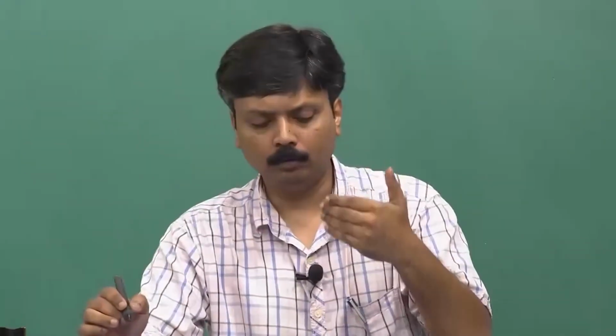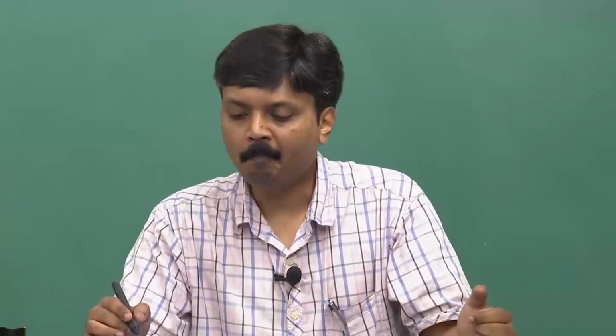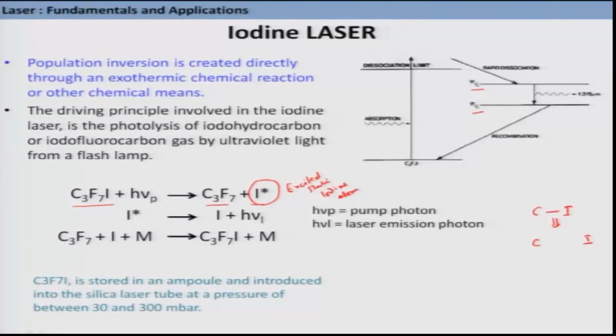One such molecule is C3HF7I, which gives this I star in high, or at least decent, proportion. Now this I star is a metastable state.